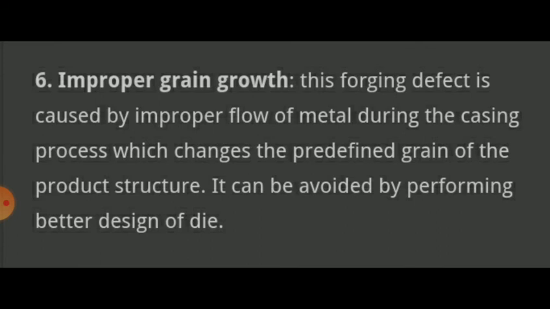Next is improper grain growth. It is caused by improper flow of metal during the forging process, which changes the predefined grain structure of the product. It can be avoided by a better design of the die.